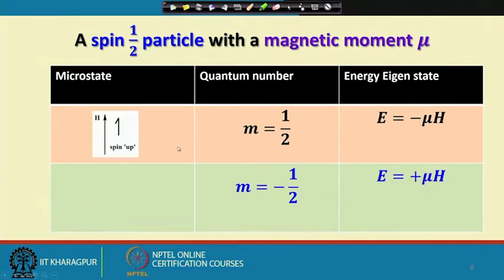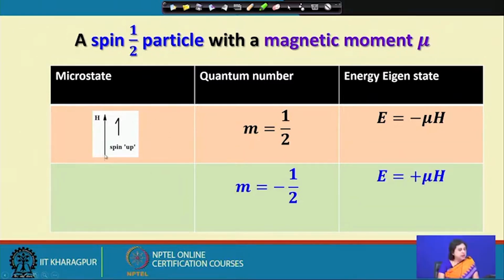So, here a typical microscopic state of the system would look like this. If this is the direction of the applied field, this would correspond to the spin up state, where the spin is aligned parallel to the direction of the field. And in that case, the associated quantum number would be such that you will have the m value equal to plus half, and the energy eigenstate will have the value of minus mu into h.